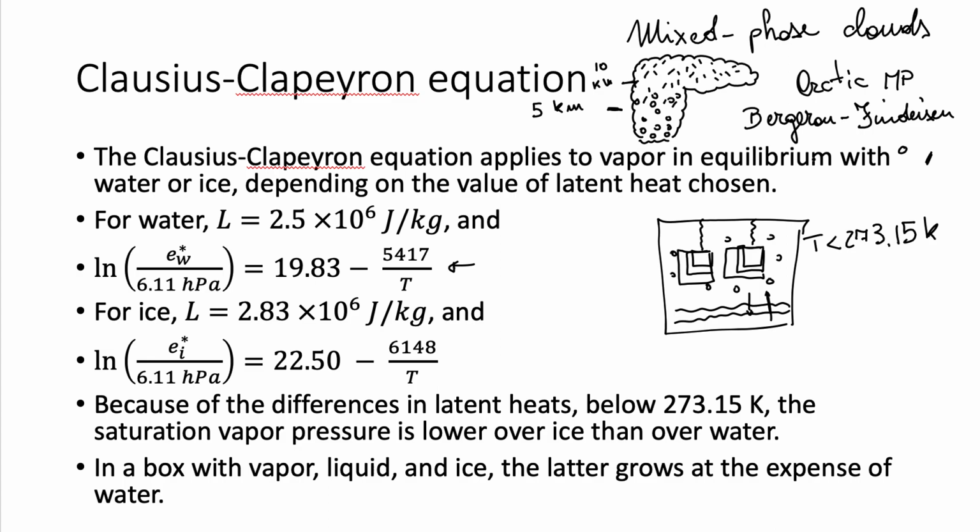However, Arctic mixed phase clouds have been observed to remain in the mixed phase state for days. It's still not quite clear why that is. It's still kind of a mystery. And again, why is that relevant? Well, because liquid water and ice crystals, and we'll talk about this, interact with radiation very differently. And so they have a very different impact on the radiative budget at the surface, for example.